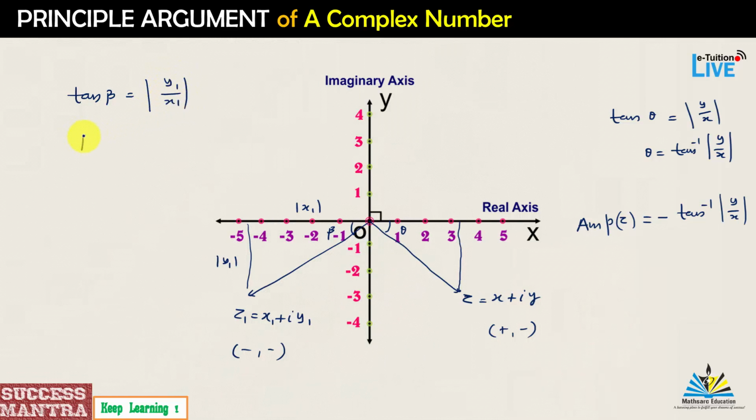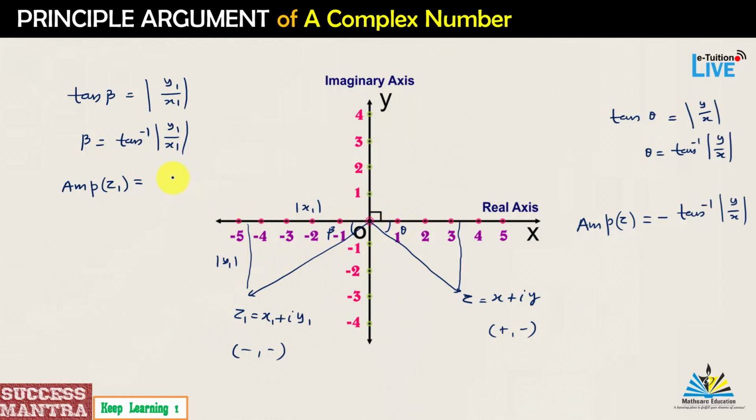So beta can be written as tan inverse mod of y1 upon x1. But this is not the principal argument. So the amplitude of this z1 can be written as, that is, this angle is pi and this is beta.